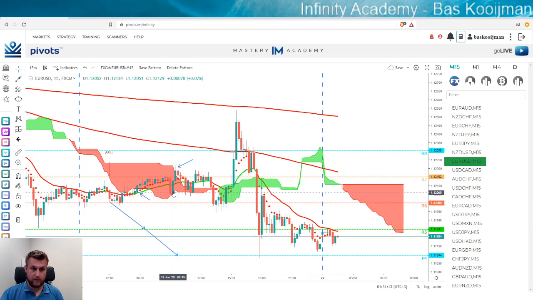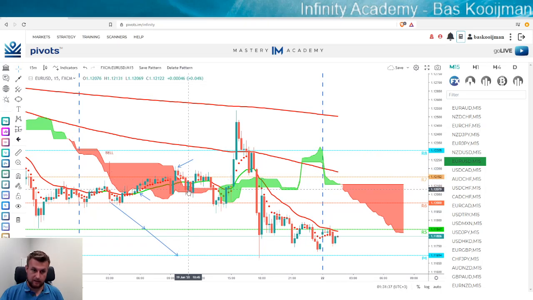That would be a confirmation for me that if it sneaks out on the top, I want to exit the trade manually. Now, what happens a lot is when that price comes out of the Ichimoku cloud, it goes back into the Ichimoku cloud, which means that I do not like it to go out when this happens the first time.